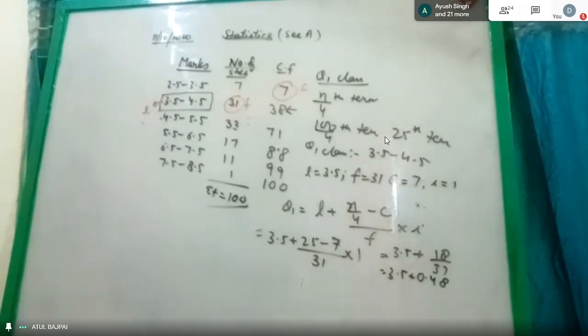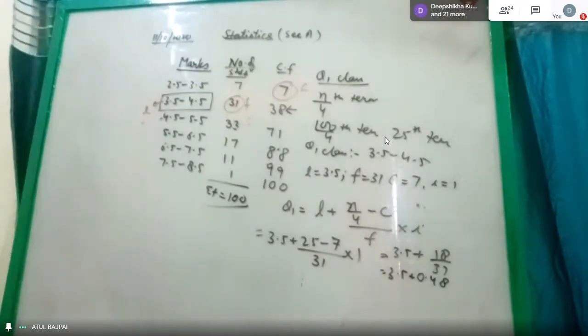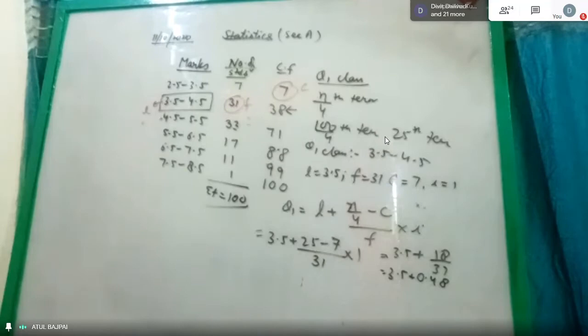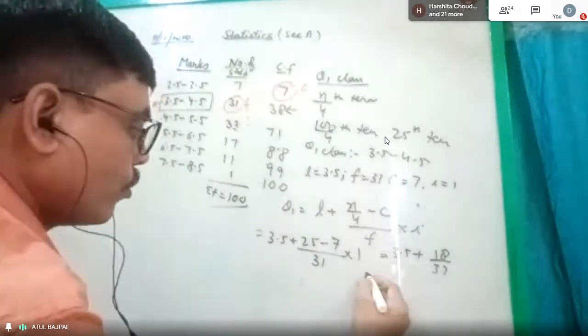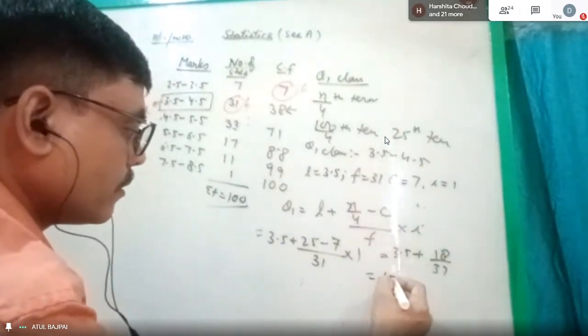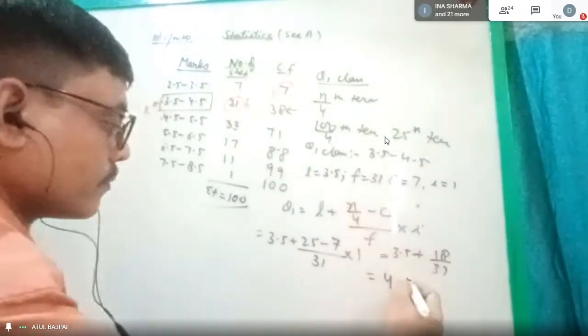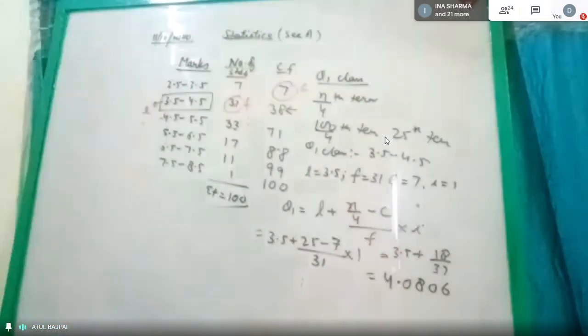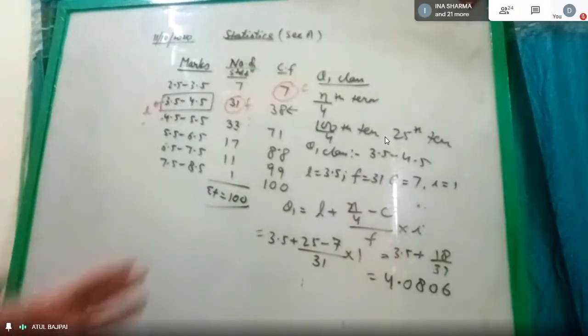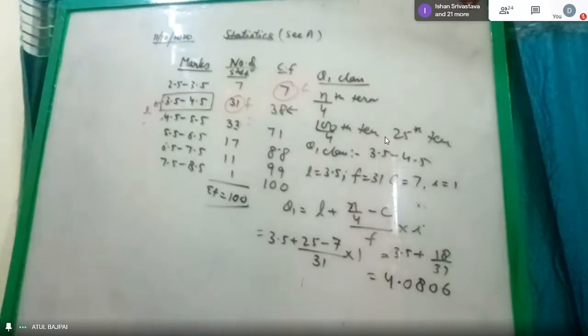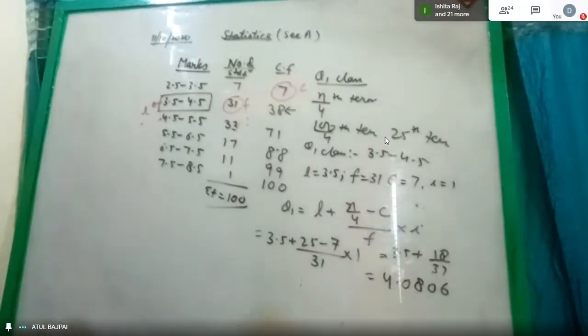The final answer: 0.5806 added to 3.5 is 4.0806. Let me check what final answer you are getting. Sir, 4.0806. Okay, you are taking the final answer as 4.0806. Is the lower quartile clear? Yes, sir. Now let us find the upper quartile also.